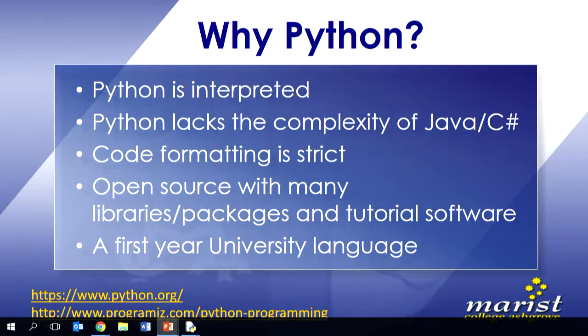Code formatting is strict, so the fact that Python requires indenting I think is a great thing, because if kids don't learn to format their code, it's a habit that will haunt them, I think, for the rest of their coding lives. So having strict formatting improves the readability of their code, and also I think helps them understand the code as well.